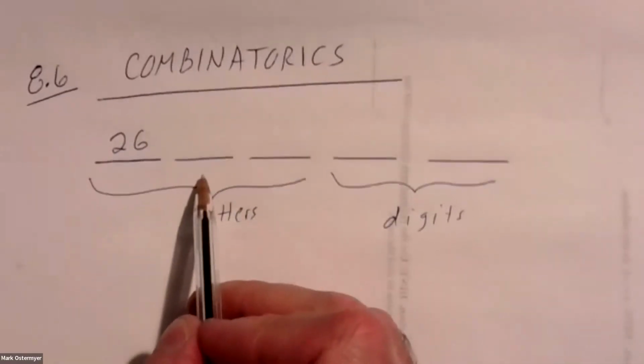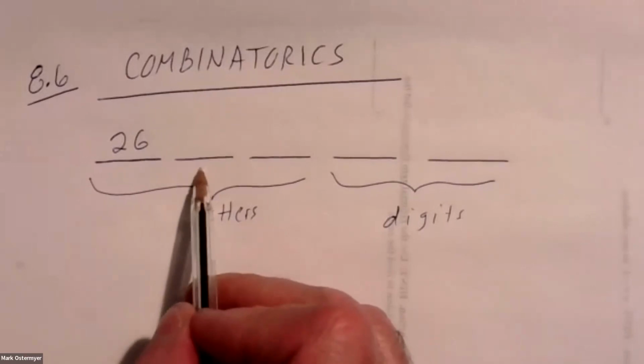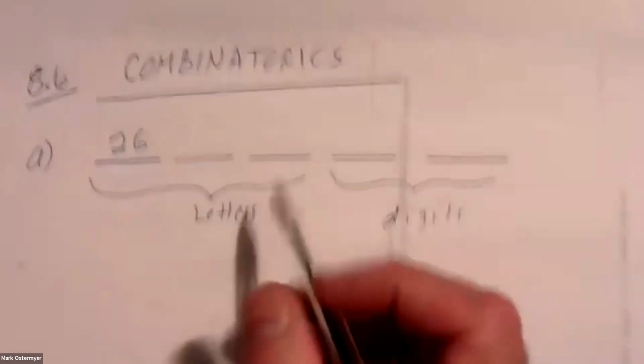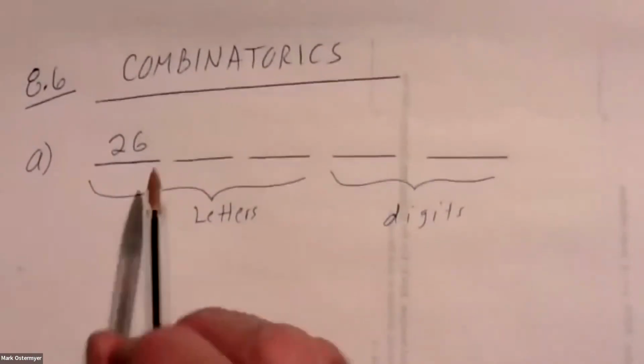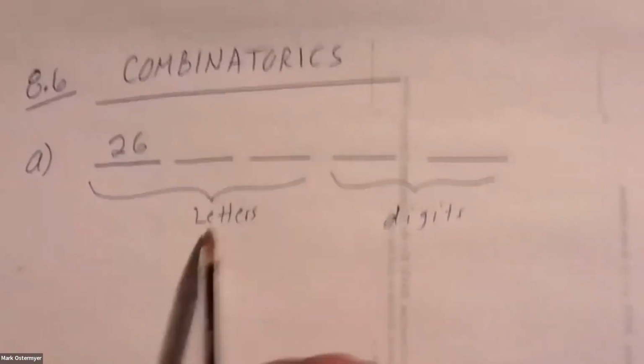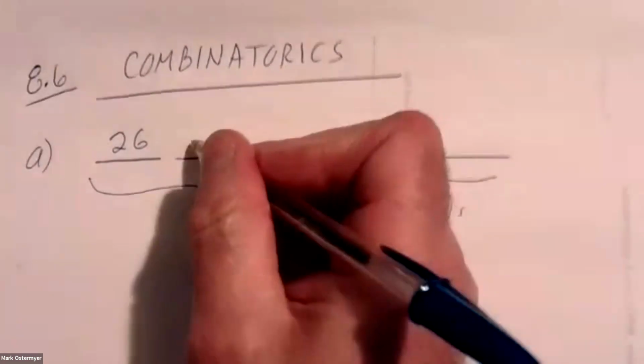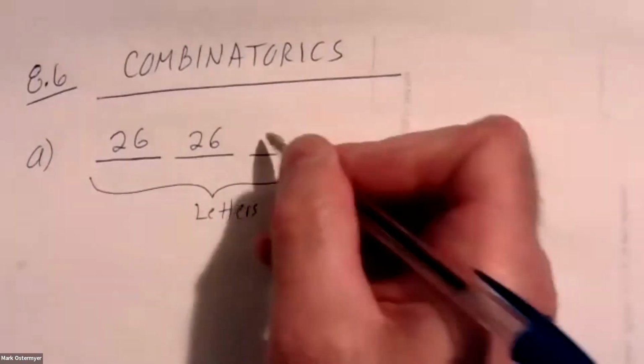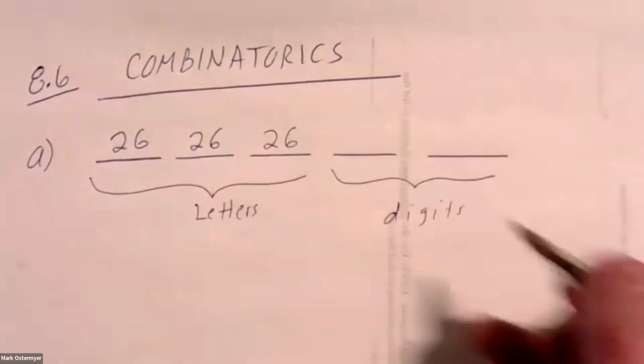How many letters could occupy the second slot of this computer password? Well, repeats are possible because for part A, it says there's no restrictions, which means we are open to the possibility of having repeated letters or repeating digits. So again, there are 26 letters that could occupy the second spot. There are also 26 letters that could occupy the third spot.